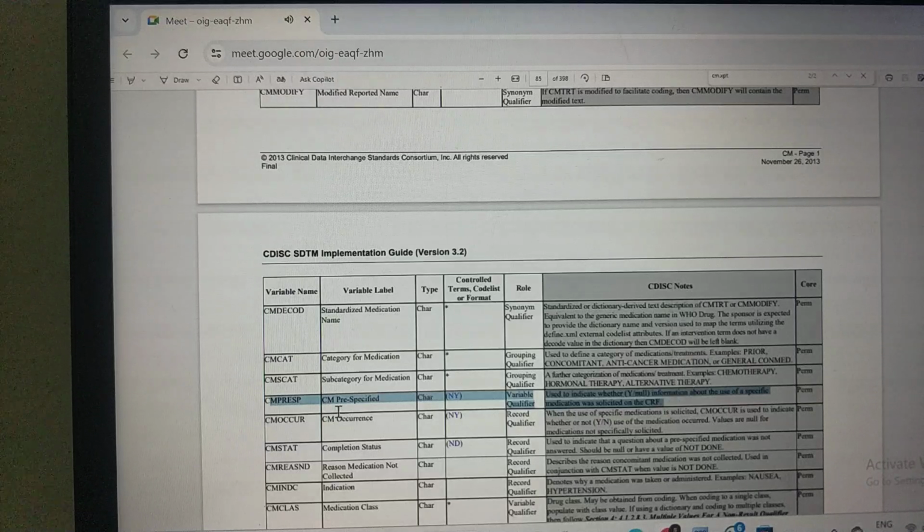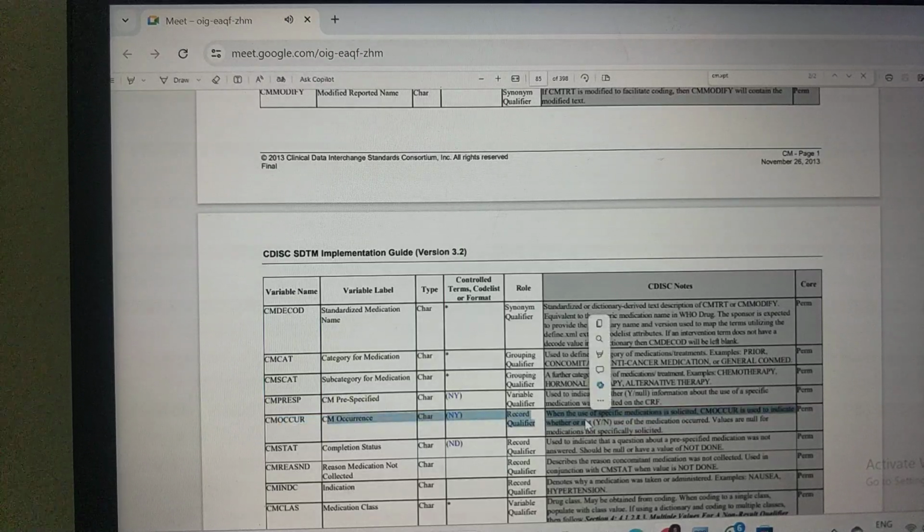But when we check what medication was actually taken out of those 10, then we check CMOCCUR. Out of 10, the ones he took should have the occur as Y. For example, if the subject took all 10 medications, those 10 records will have occur Y. If out of 10 the subject took only one medication, then only that one record should have Y. Okay, CMPRESP and CMOCCUR: pre-specified and occurrence.